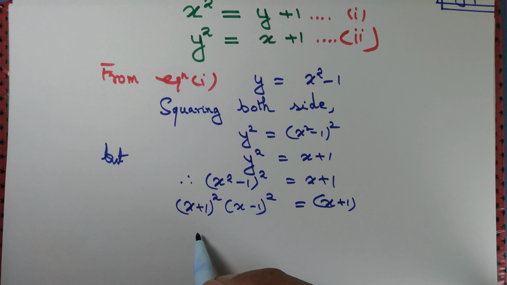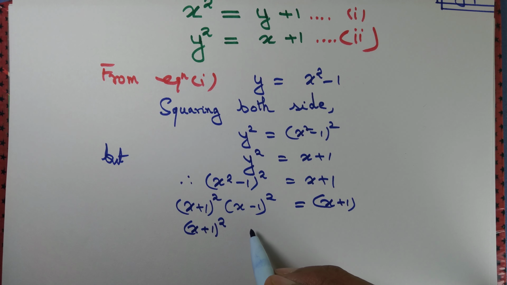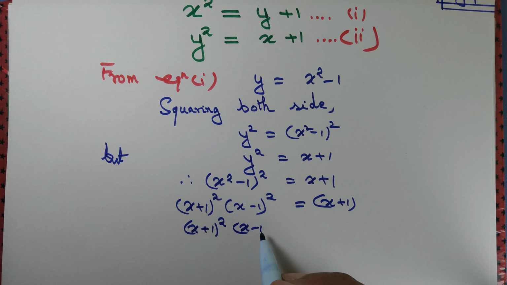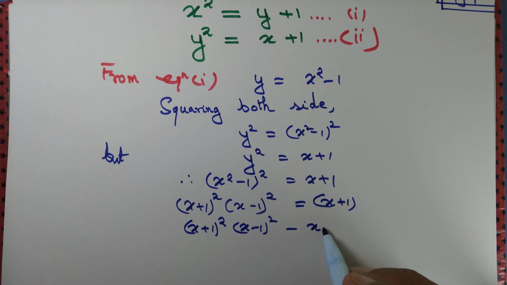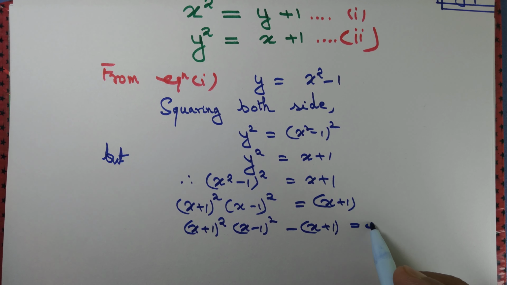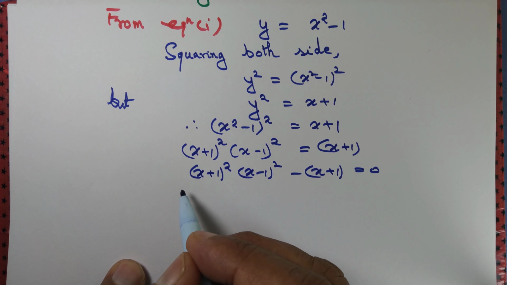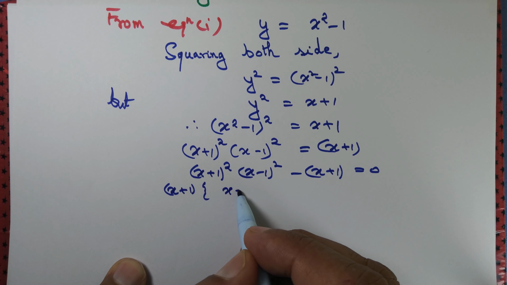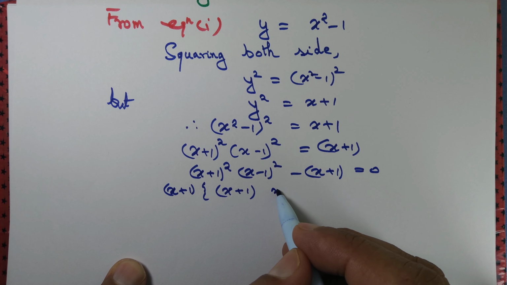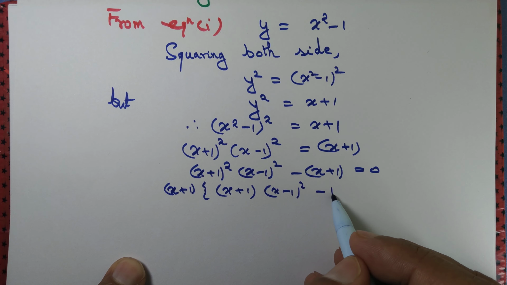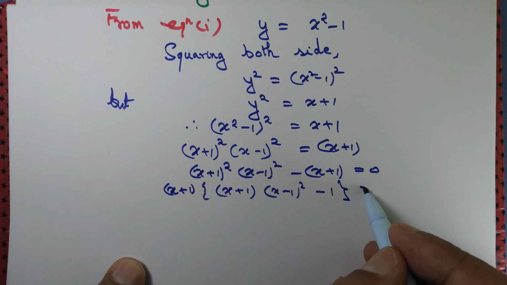Let's write everything on the left-hand side, and we obtain (x + 1)²(x − 1)² − (x + 1) = 0. Now we take x + 1 common and we obtain (x + 1)[(x + 1)(x − 1)² − 1] = 0.